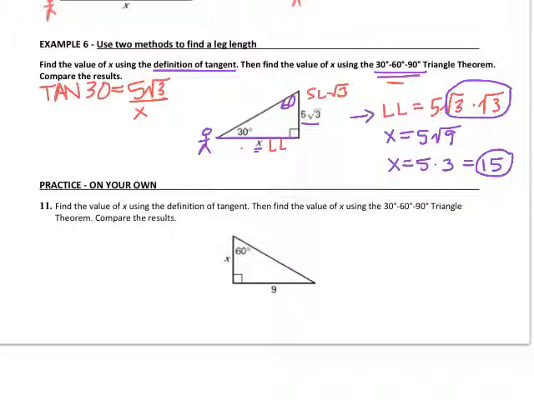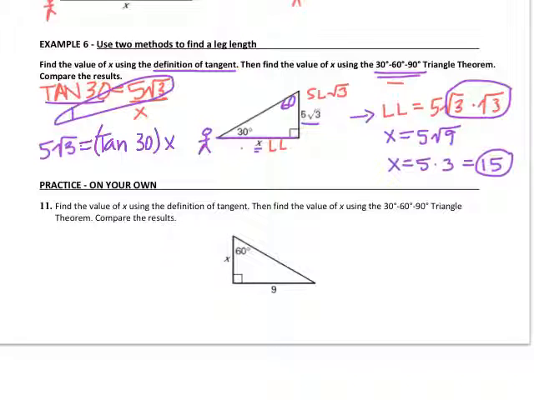Let's prove that we can use the tangent rule to get the same answer. So over here I'm going to put this over 1 and cross multiply. So that's going to be 5 root 3 equals tangent 30 times x. Okay, so tangent 30, remember, is a number. It's like a coefficient in front of the x.